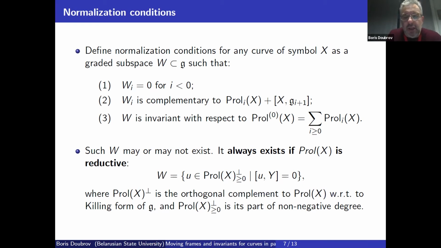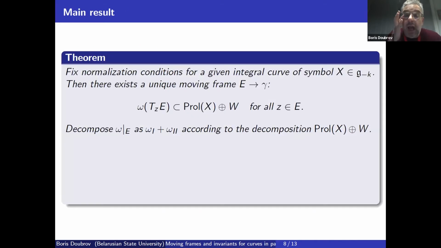So having such normalization conditions, we can ensure that we do have a canonical moving frame. And this moving frame is characterized by this very simple condition.